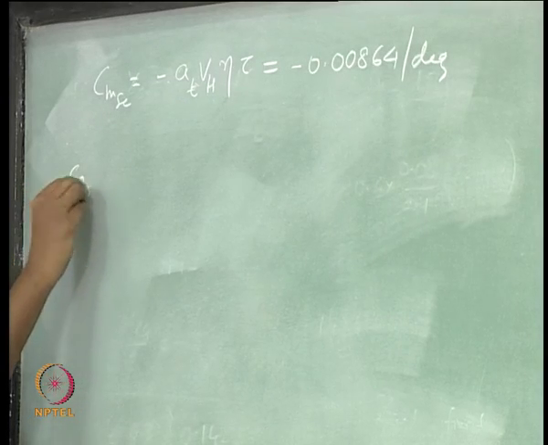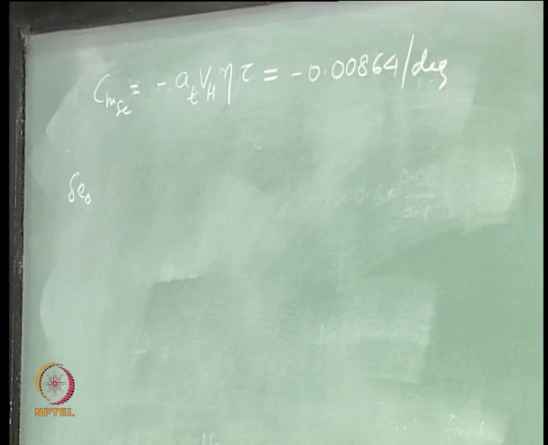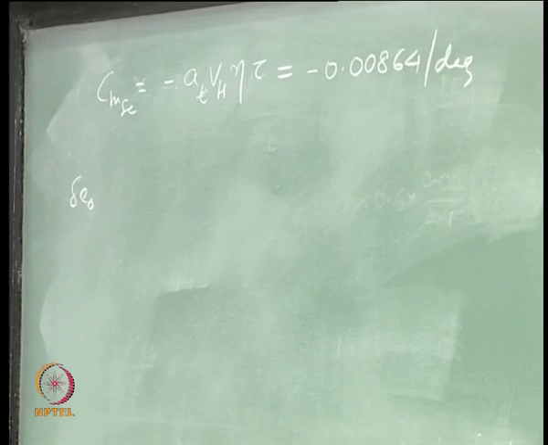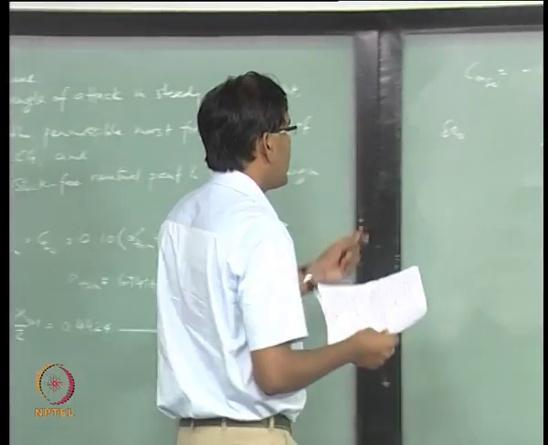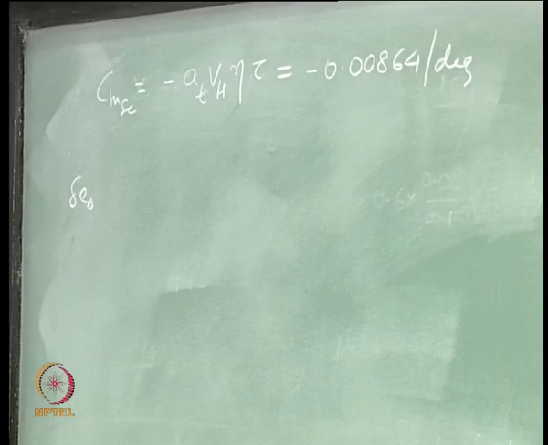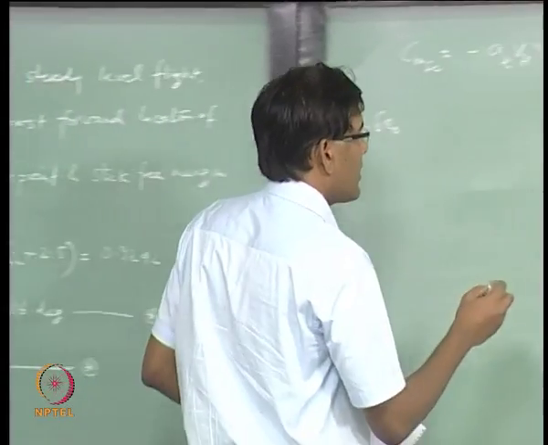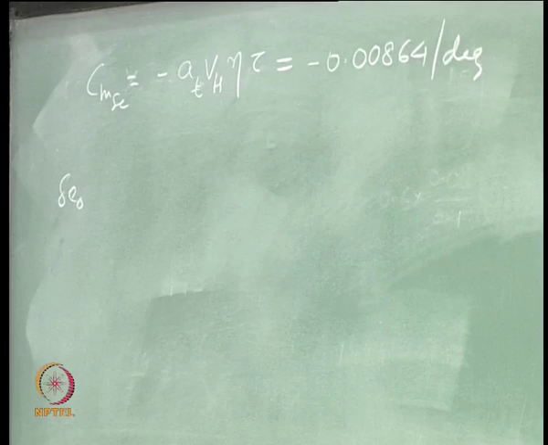Now, delta E naught, which is the trim value of the elevator, to give you alpha trim 0, right. So, trim at angle of attack which is 0, you have to deflect the elevator by delta E naught, right, and that you can find out again from the relation which is CmCG equal to 0. Any question?